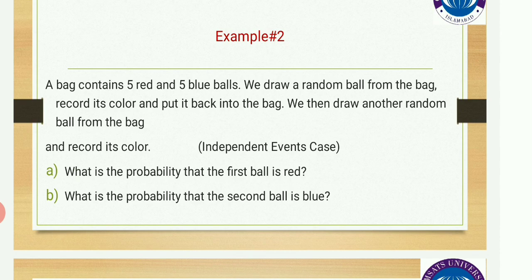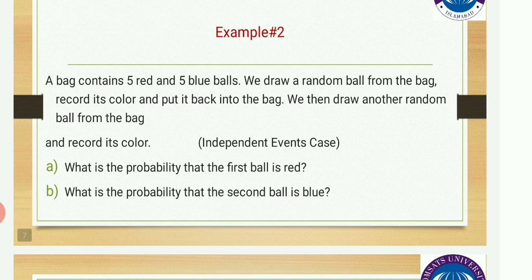The first case will be for the independent event case. You have to find the probability that the first ball is red and the probability that the second ball is blue.